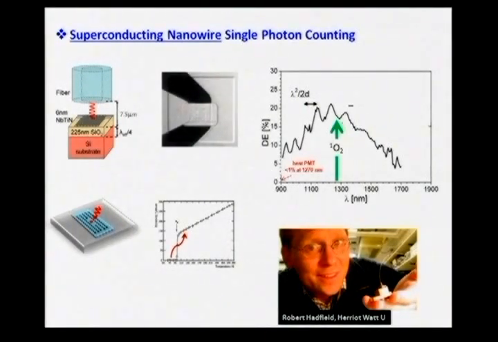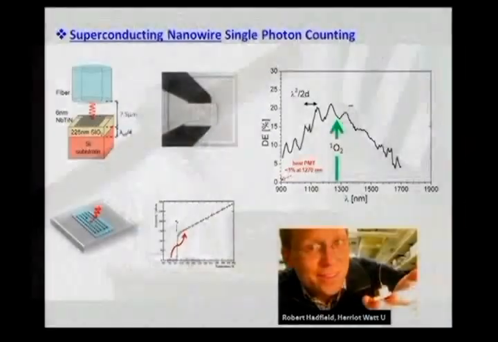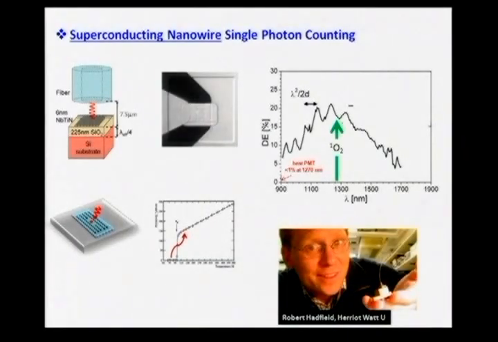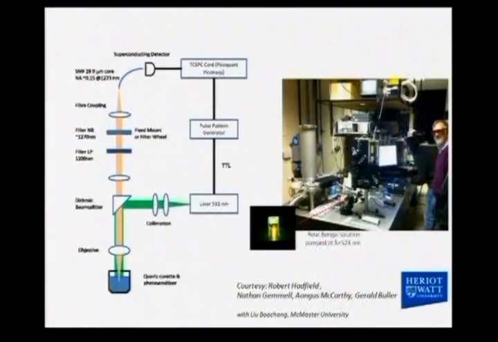That photon provides energy, and it gives an instantaneous little increase to the temperature, which makes the nanowire go non-critical. So it becomes above the critical temperature and becomes resistant and produces a voltage pulse. In this case, the quantum efficiency of this is very good. It's up to about 15% at the moment, and Robert has told me that he thinks they can get this up to 100%, or close to 100%.